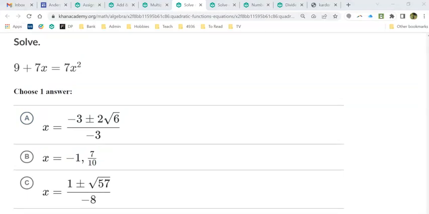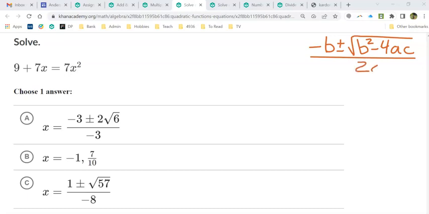So the quadratic formula is negative b plus minus the square root of b squared minus 4ac, all over 2a. At some point, if you keep practicing this, you will memorize that equation. I know it sounds crazy, but you will get it memorized if you do it enough times.